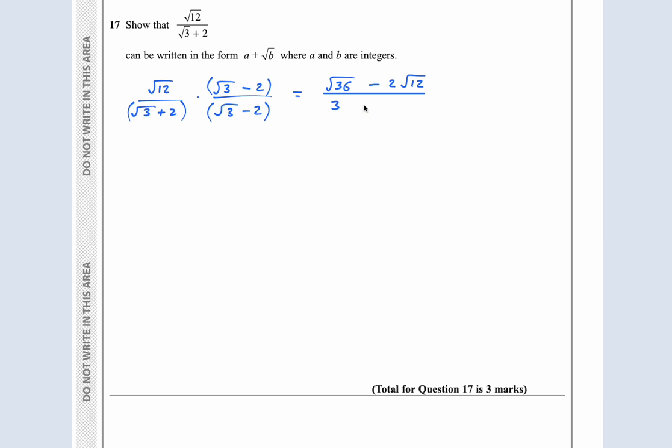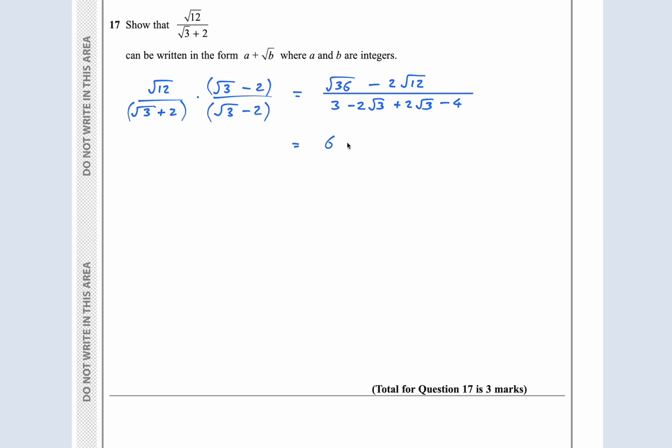Root 3 times minus 2 is minus 2 root 3. 2 times root 3 is plus 2 root 3. And 2 times minus 2 is minus 4. Okay. This gives me root 36, guys, is 6. So definitely just write 6.